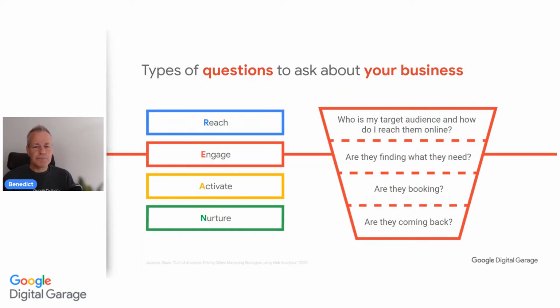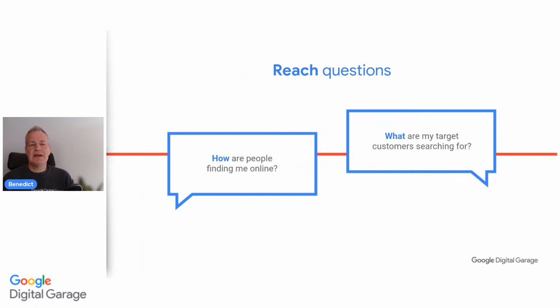All right, so let's go through a couple of the different points in a little more detail. Reach questions, for example: how are people finding me online? We're going to be covering some of these different things. Another one you could be asking is, what are my target customers searching for?